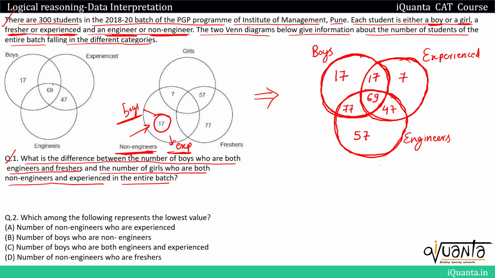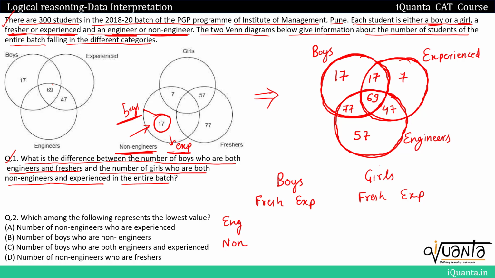So let us draw a table in which we can write down the detailed data about all these. How to draw such a table? Since we are talking about boys and girls at first, let me write boys and girls over here. In boys and girls we were having freshers and experienced, so let me write down freshers and experienced both for boys and girls. Now further we were having two categories, engineers and non-engineers, so let me write them over here.